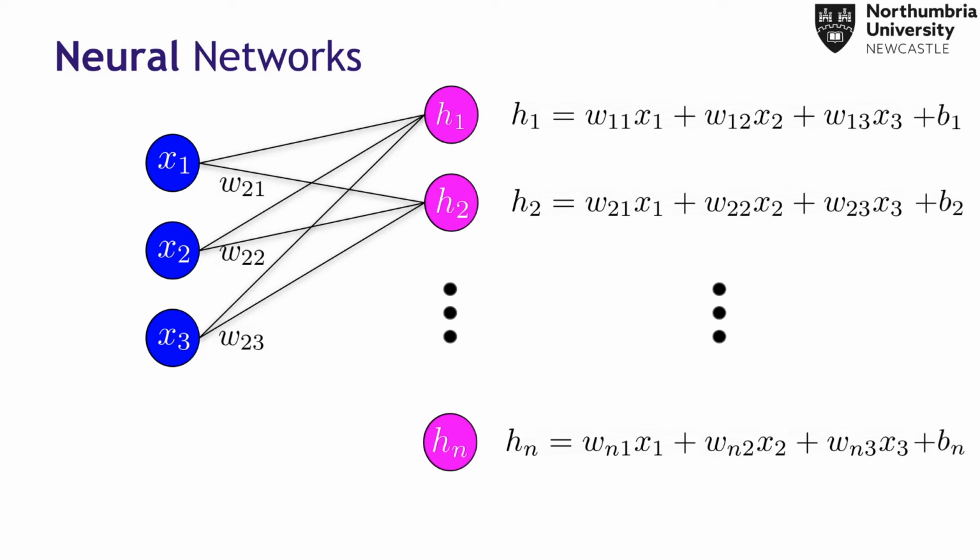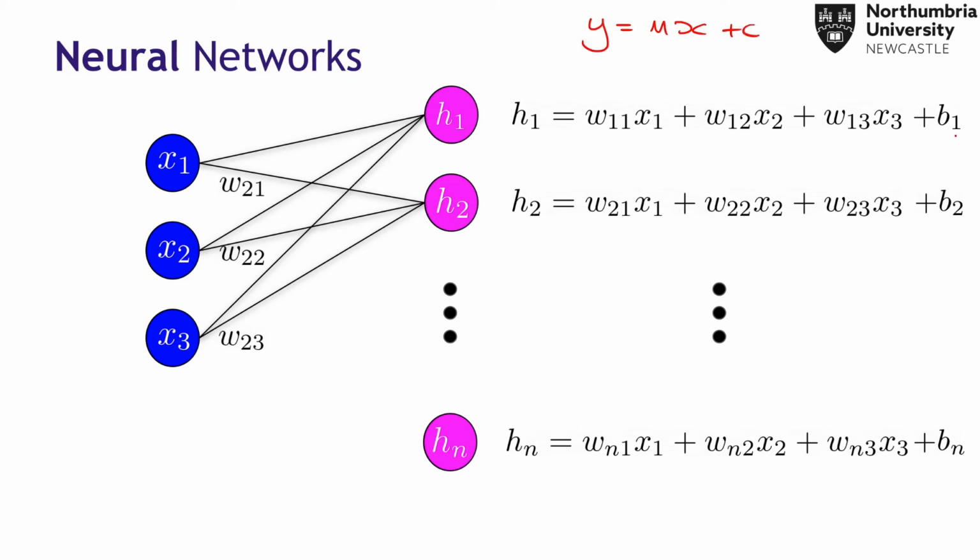Then, once we've computed all of this, we calculate a bias term. And again, these are going to be worked out by the network the same way that the weights are going to be calculated by the neural network. These bias terms are sort of like a constant, like when you're doing GCSE maths, you have y equals mx plus c.